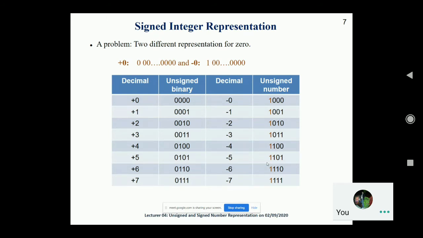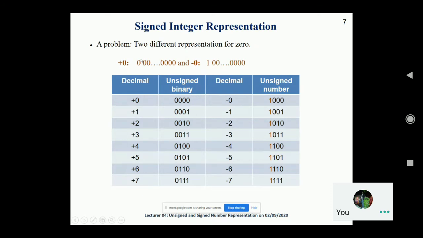So see here, the most significant bit and the magnitude. I am writing them with some gaps. You see plus 0: here the most significant bit I am writing separately, so in between there are some gaps. Are you getting it?